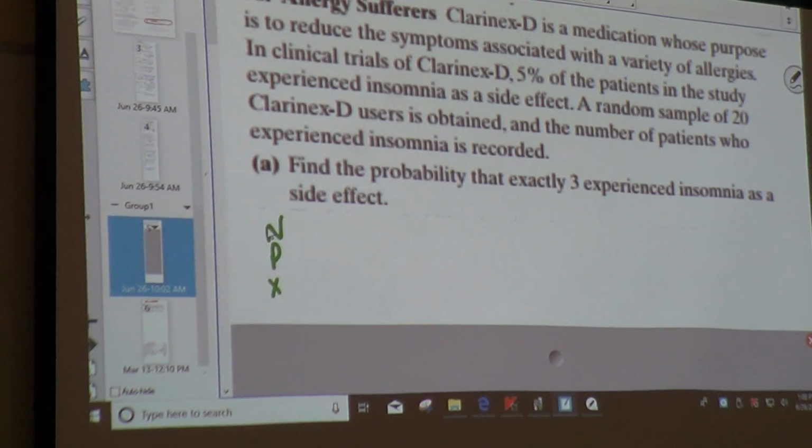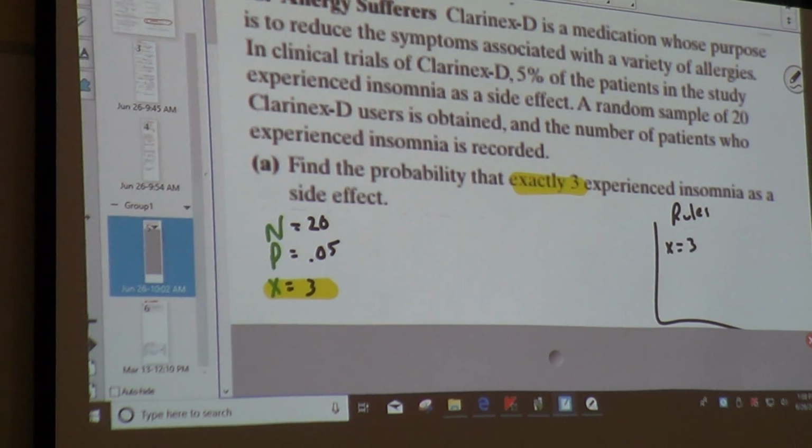All right, what is my N in this problem? 20. I asked 20 people. What is my P? 0.05. That's my percentage. What is my X? Exactly 3 is going to be X equals 3. So in my rules, X equals 3.